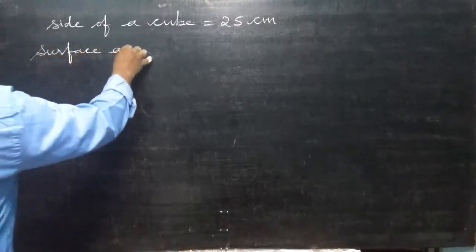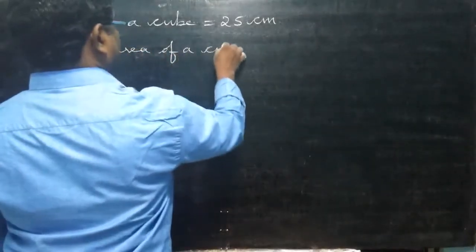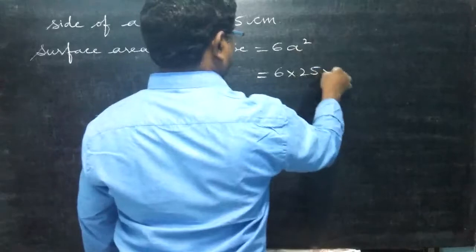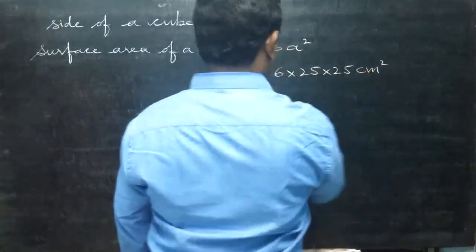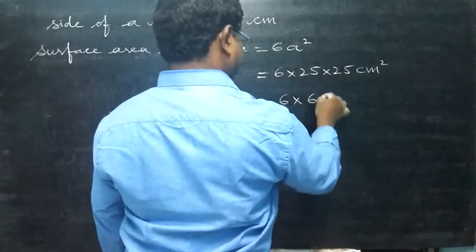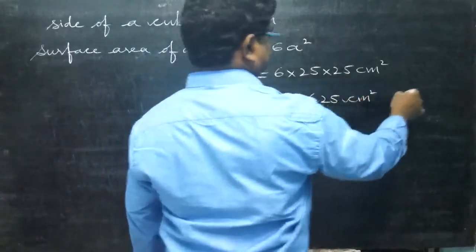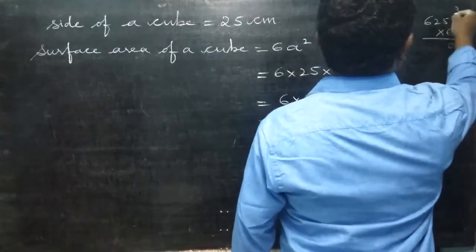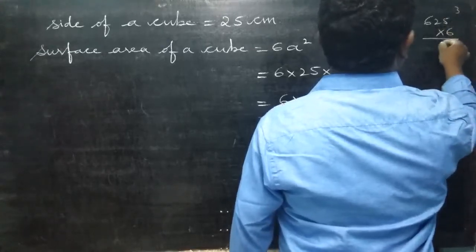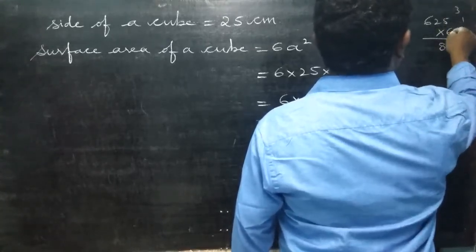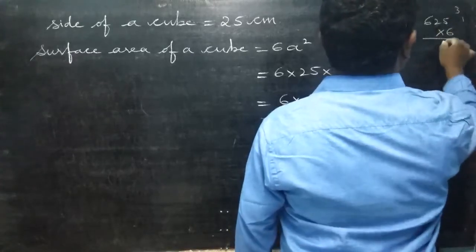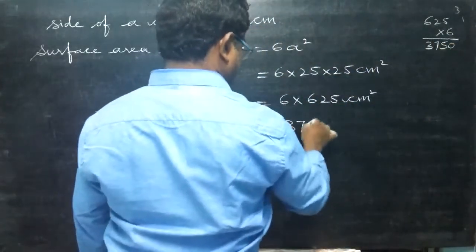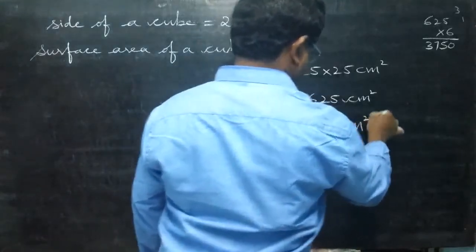Surface area of a cube is equal to 6a square. 6 into 25 into 25 centimeter square. 6 into 625 centimeter square. 625 into 6, 3 3, 15, 18, 1, 6 2s are 12, 12 plus 3, 15, 5, 1, 36 plus 1, 37, 3750 centimeter square.